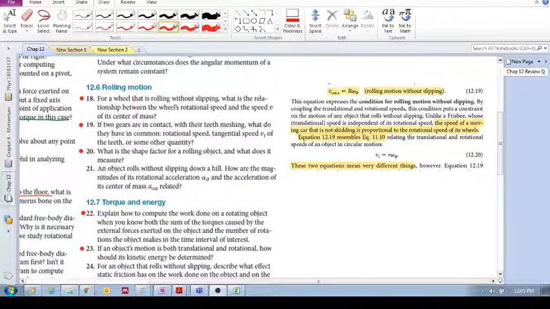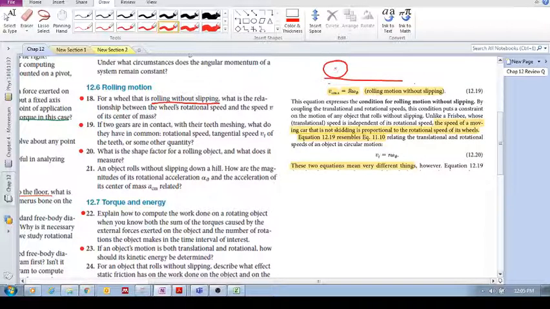18, 19 and 20. For a wheel that is rolling without slipping, what is the relationship between the wheel's rotational speed and the speed v of its center of mass? Well, this is the relationship. The velocity of the center of mass. So here is the object, and remember, it rolls down, but there's no slipping here.